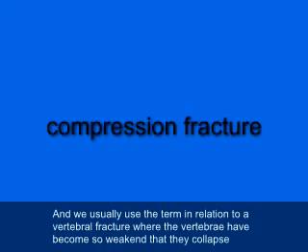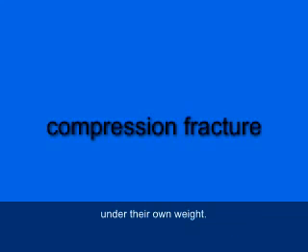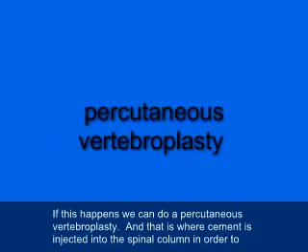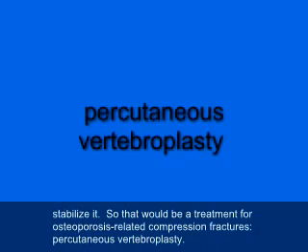And we usually use the term in relation to a vertebral fracture where the vertebrae have become so weakened that they collapse under their own weight. Well, if this happens, we can do a percutaneous vertebroplasty, and that's where cement is injected into the spinal column in order to stabilize it. So that would be a treatment for osteoporosis compression fractures, percutaneous vertebroplasty.